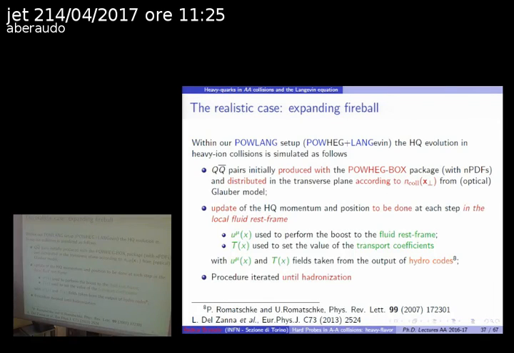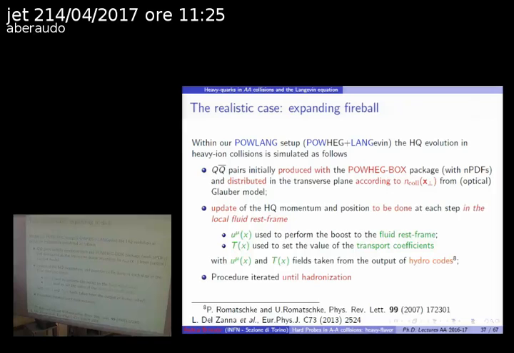You must simulate the initial QQ production, and this you do with the POWHEG box package, but you can use any other pQCD automated tool. You supplement this code with the information on the nuclear PDF, so you will use modified parton distribution functions, which in a nucleus are different than the ones in a proton.